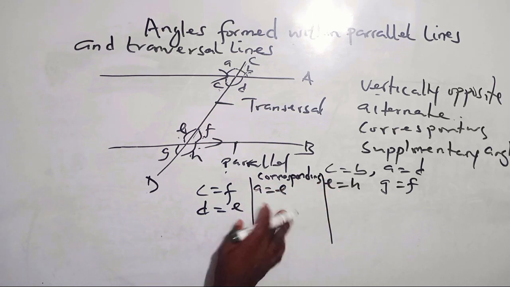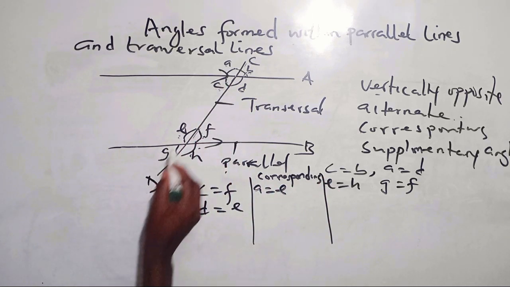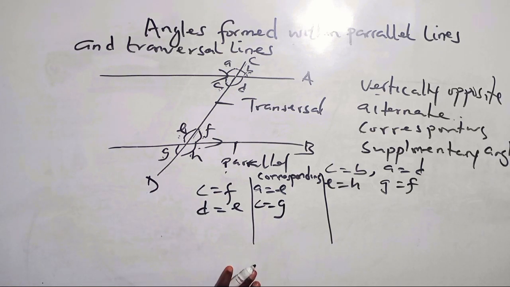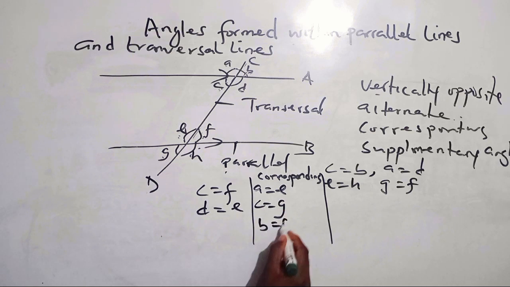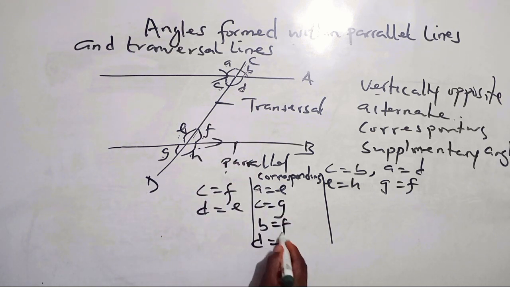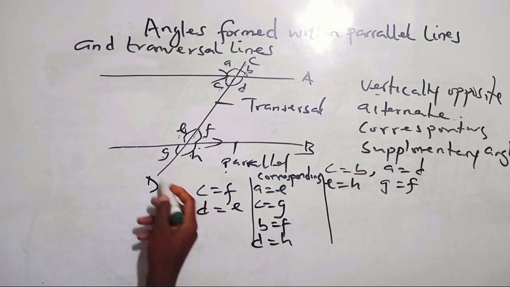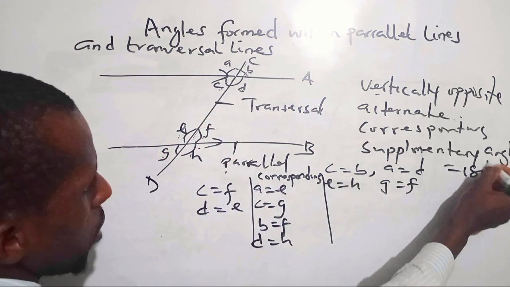Angle A equals angle E, and angle C equals angle G. Here, angle B equals angle F, and here, angle D equals angle H. That's corresponding angles.